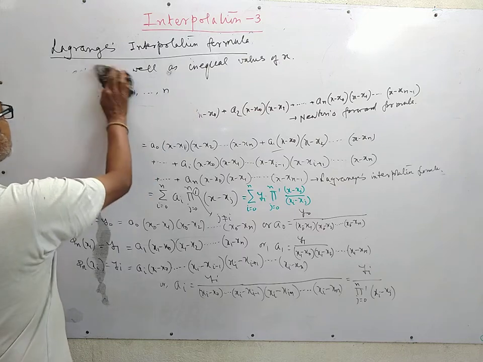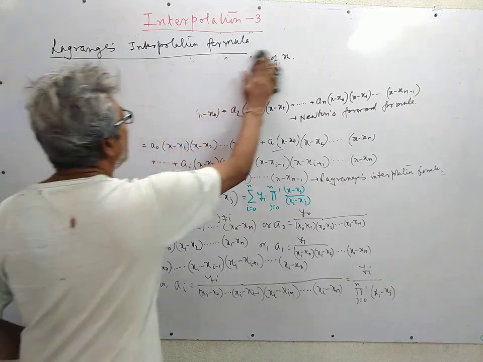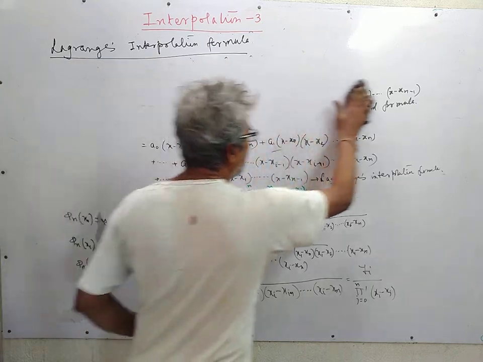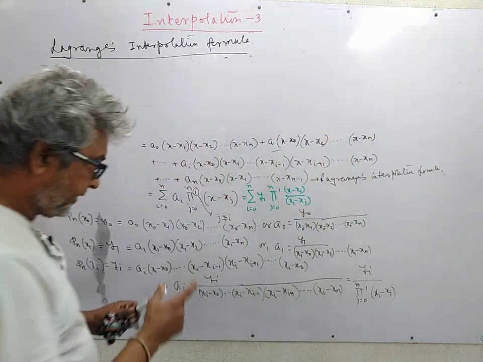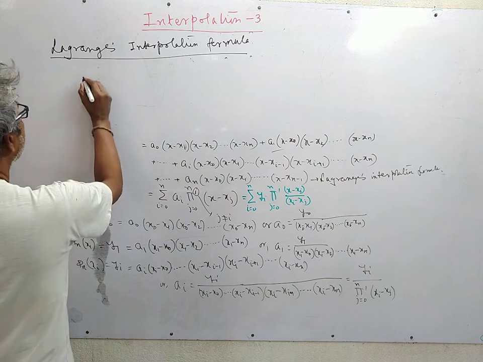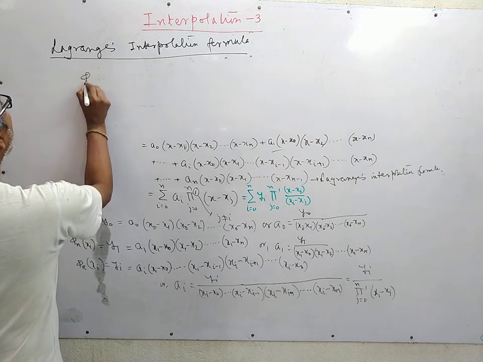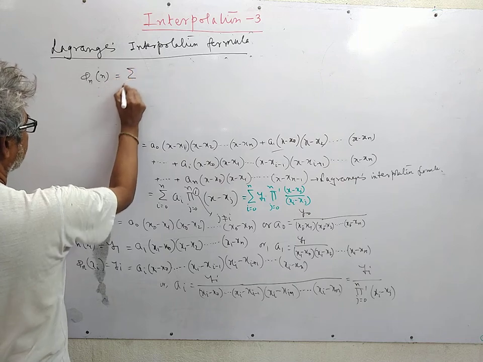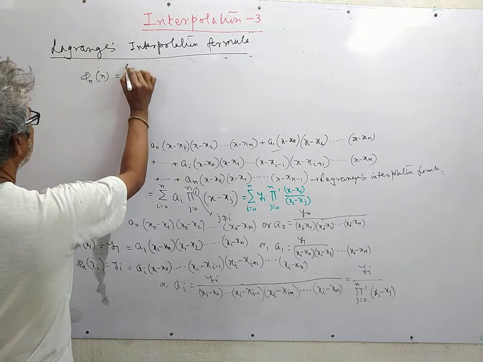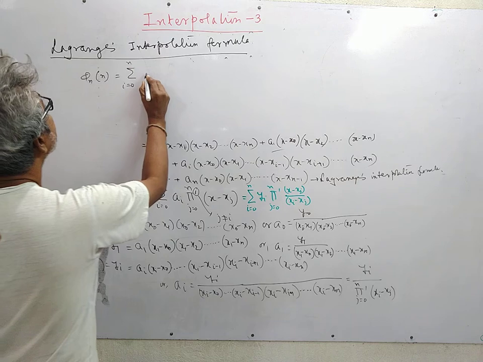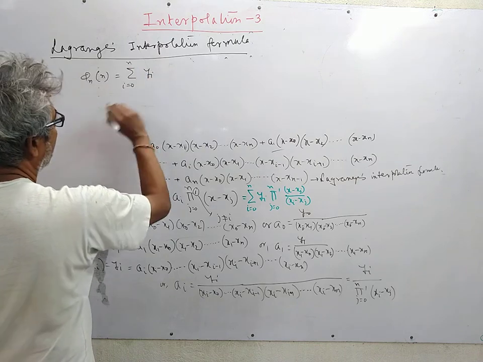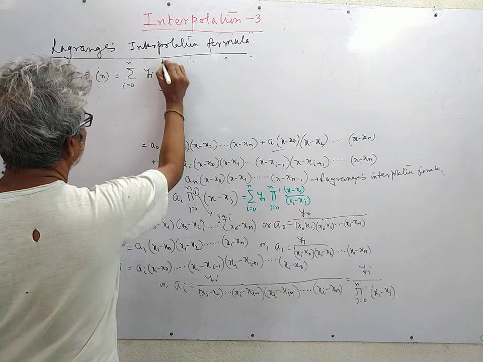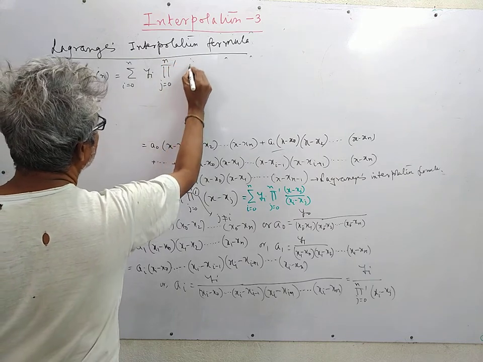Now with this we shall apply the formula to a specific case. First, let me write the formula. Phi n in Lagrange's formula is written as the summation over i equal to 0 to n of yi, then the product over j equal to 0 to n excluding j equal to i.